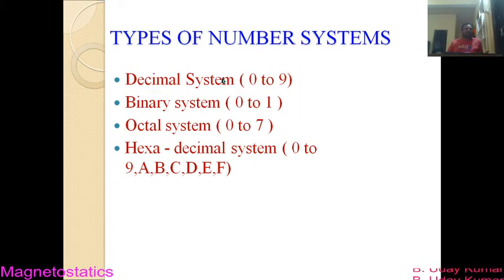These are the different number systems that we have. The first and foremost one is the decimal system, which we are using in general. The decimal system is the one which consists of 10 digits from 0 to 9.